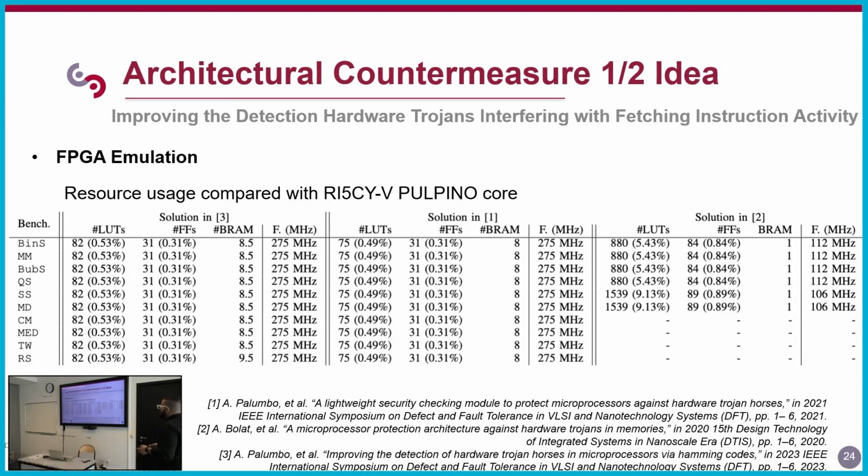Regarding the hardware, those are the rates, and we are quite lightweight with respect to the target processor. This is the overhead in terms of resources in the target RISC-V processor, PULPino in this case, RI5CY PULPino.